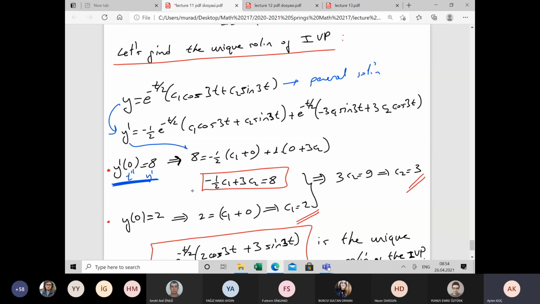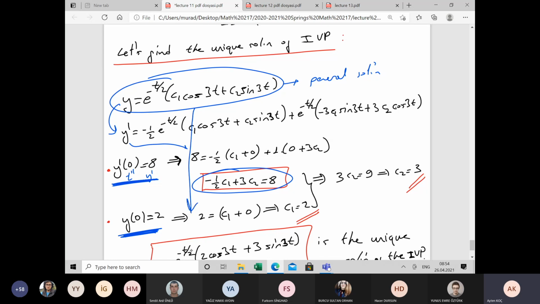The second initial condition is y of 0 is 2, so substitute t equals 0 and y equals 2 here. So we obtain C1 is 2, and substituting here, we obtain the value of C2.